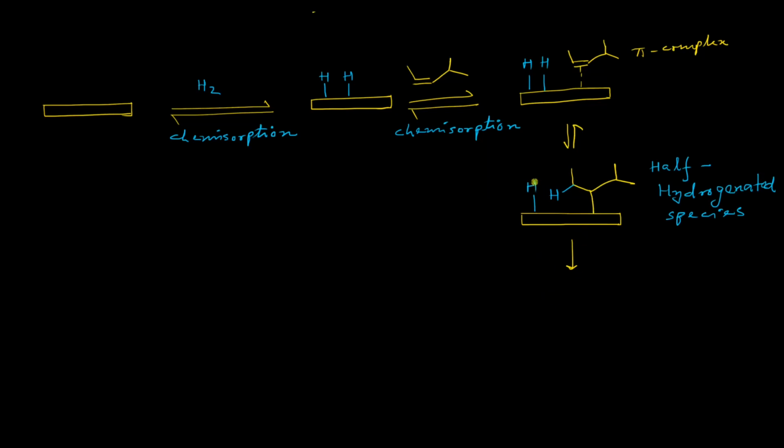Here this hydrogen atom will react with the remaining carbon atom of this double bond, and thereby the hydrogenation process will be completed like this. However, other possibilities are also there. You can see that here is another hydrogen atom.